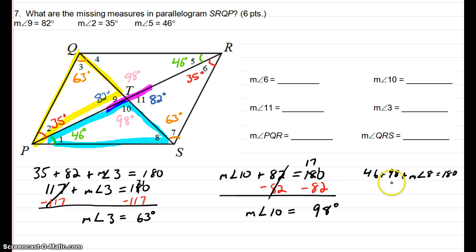So that's going to give me 144 plus the measure of angle 8 equals 180. Subtract the 144 from both sides.